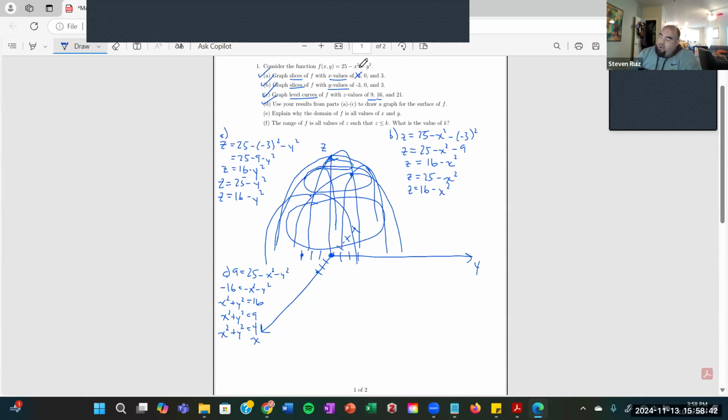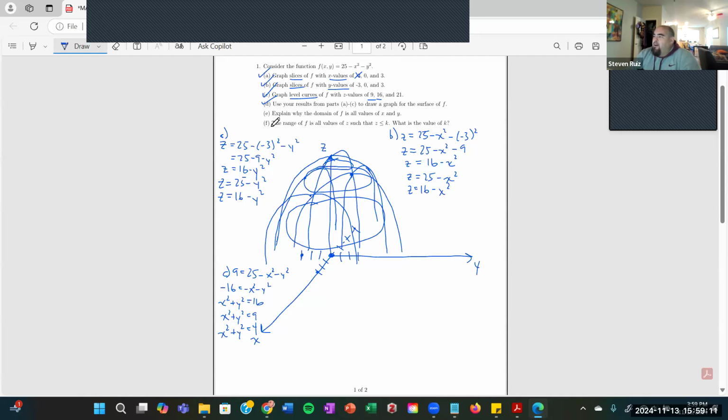You're squaring X and Y. Are there any values of X and Y that you can't square? No, there aren't. Okay, so after you square them, are there any values of X and Y that you can't subtract from 25 or subtract from each other? No, there are not. So because there are no values that are going to make this undefined, every single value of X and Y, any combination of X and Y, is going to be in this domain.